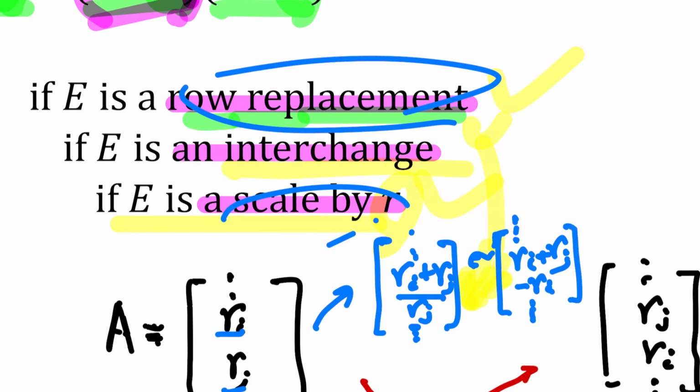Then if we add this row and this row, then Rj and Ri, right?